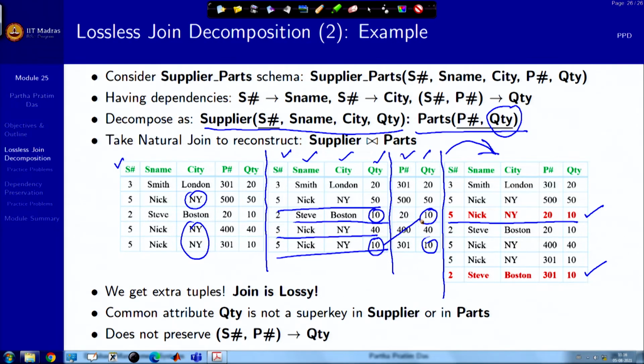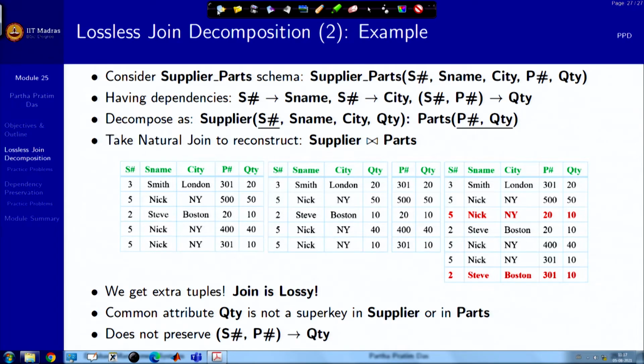You are getting combined like this, and that is the reason you get a 20 here in the result. Similarly, Steve's get combined here, so you get a 301 in the result. So, you have additional tuples coming in, the join is necessarily lossy.